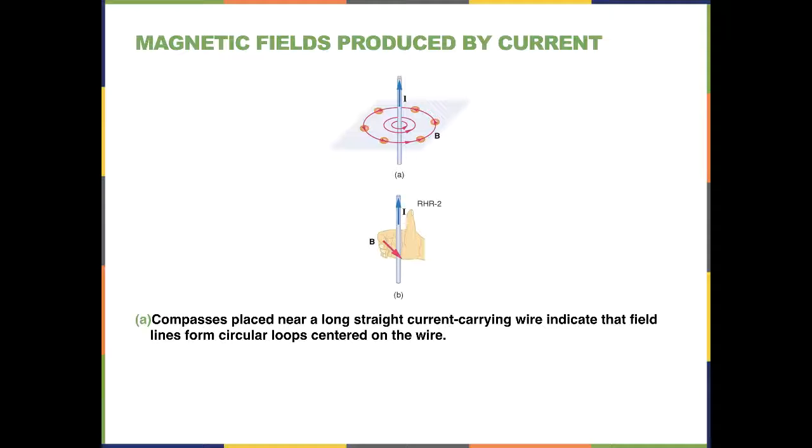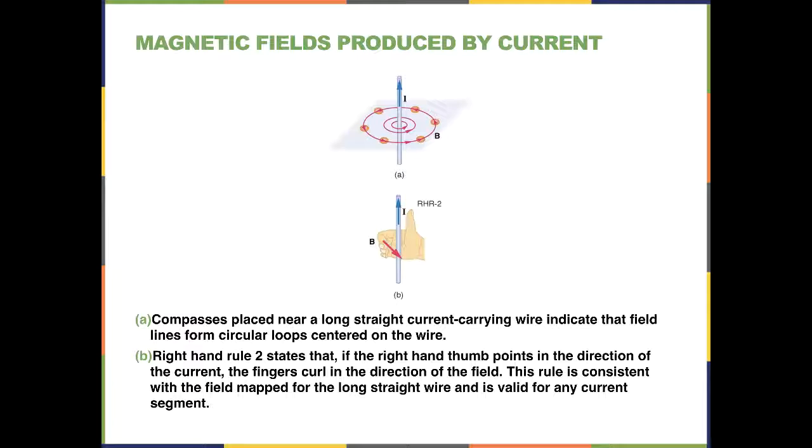You'll notice that there are various circles depending on how far you are from the wire. The second right-hand rule that I told you about, you put your thumb in the direction of the current and your fingers will be in the direction of the circular current or field that's going around that wire.